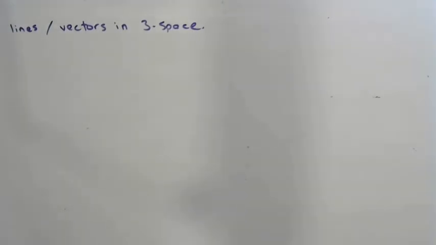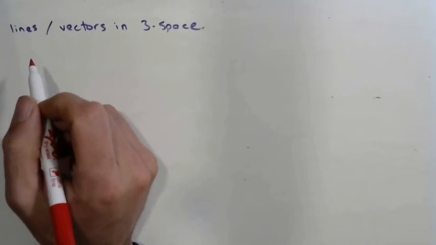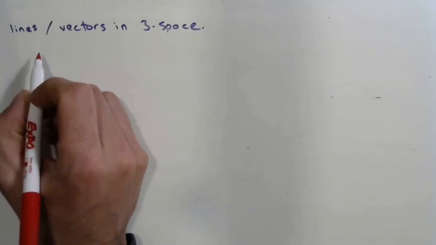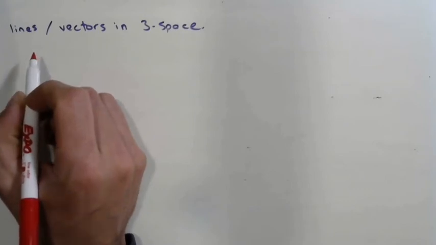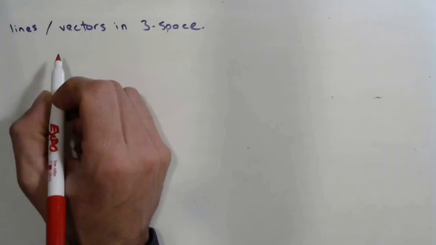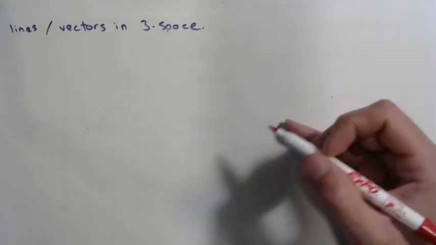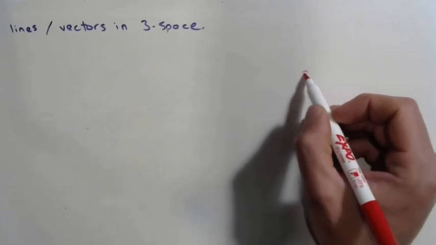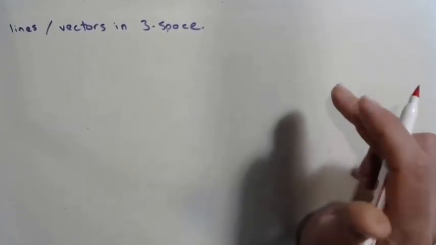And we're just going to note, just like in two-space, what do we need? We're going to need a direction vector and a position vector to a known point on the line. It's the same as in basic graphing of lines and linear equations, is you need to know a point and you need to know the direction. Okay, that's all we're saying.